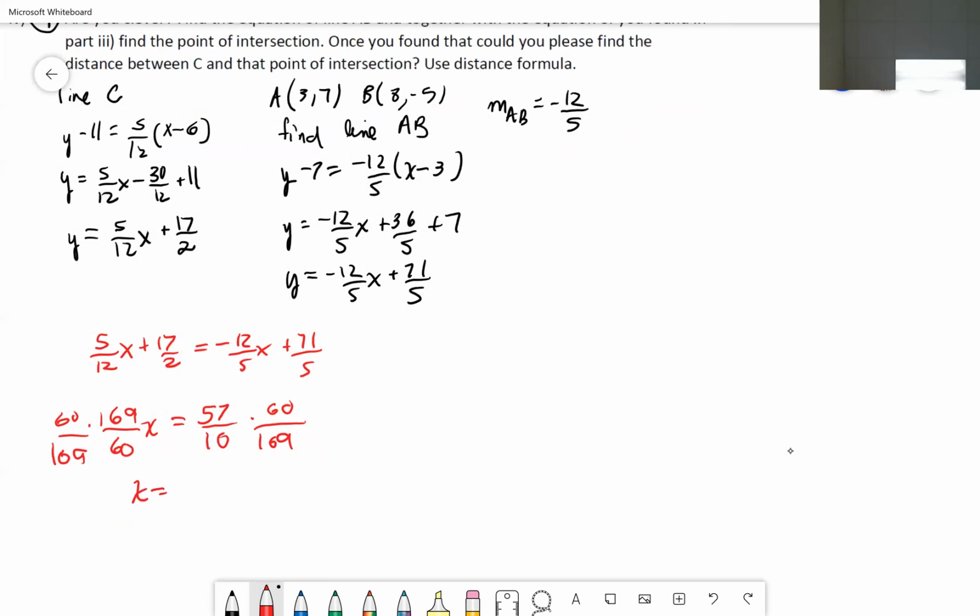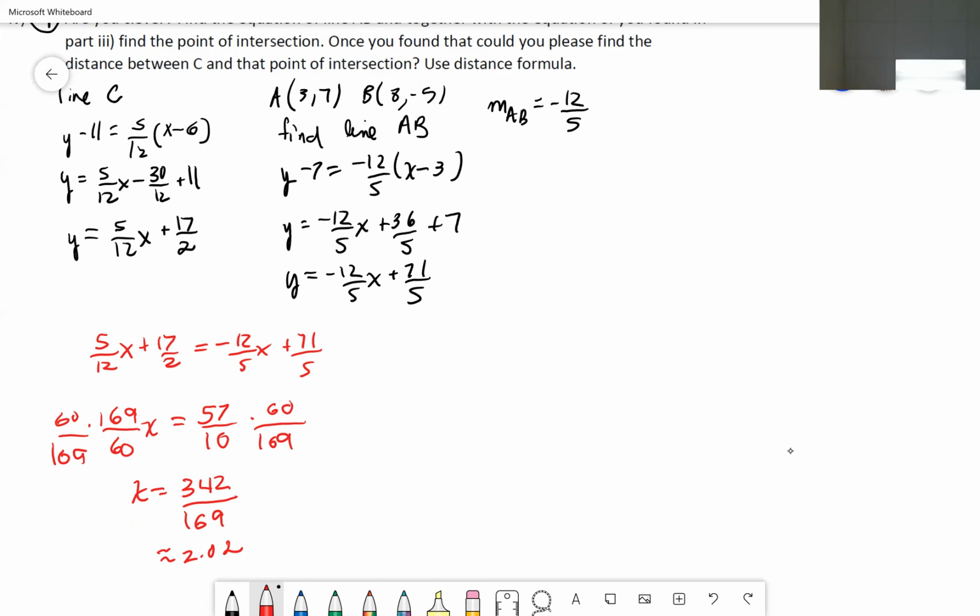So you take 57 times 60 and divide that by 10 times 169 in parentheses, and I get 342 divided by 169. Now, this is not such a big number, it's approximately 2.02. So now I substitute the x into any one of the original equations.